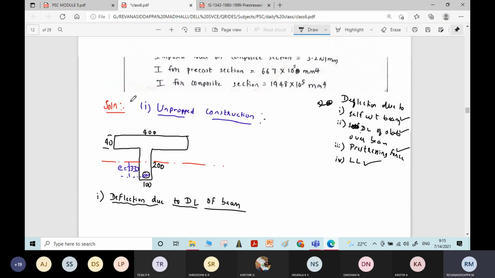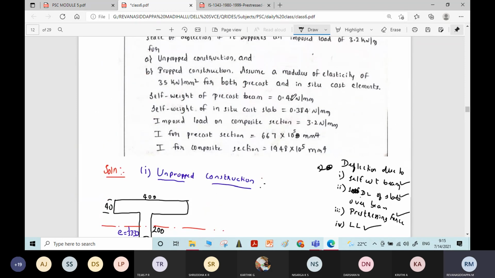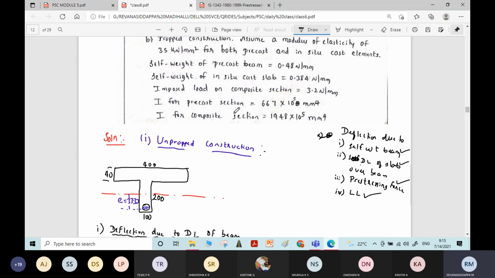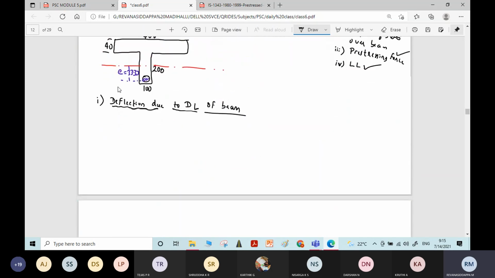Self-weight of the beam, it is given. How much is it given? 0.48 Newton per mm. Correct? That you write here. Self-weight of beam is equal to 0.48 Newton per millimeter.